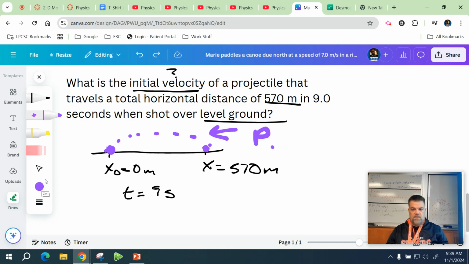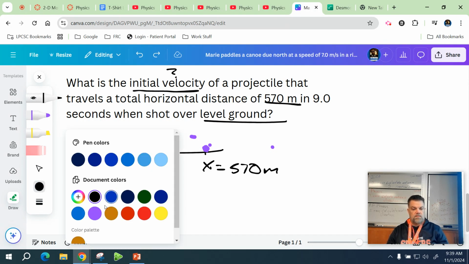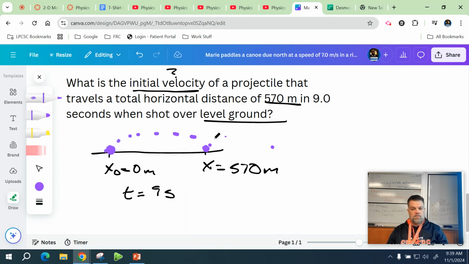We'll just do this. All right, so that's the shape.